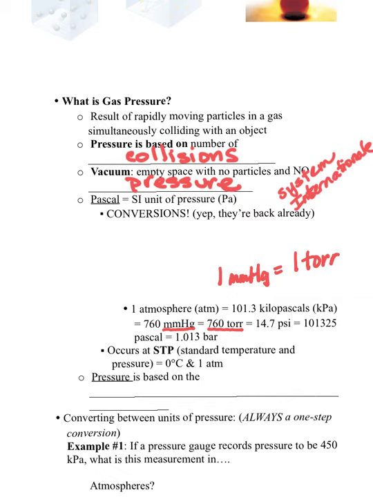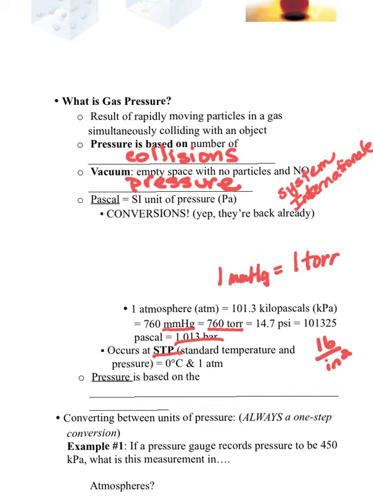And then PSI stands for pounds per square inch. And then you have bars, 1.0 or 1.013. I don't use bars that much, but just in case you hear that.